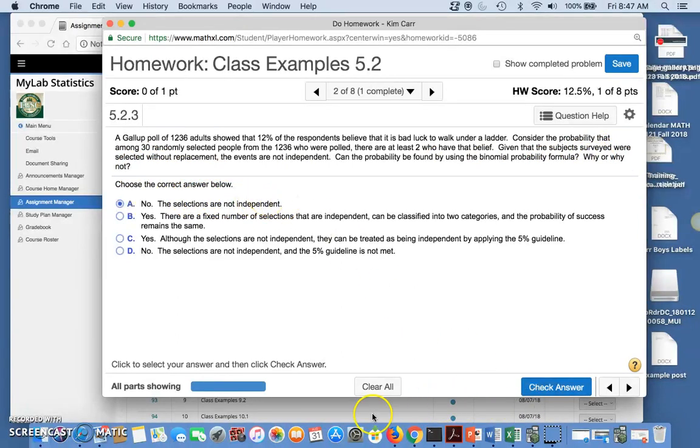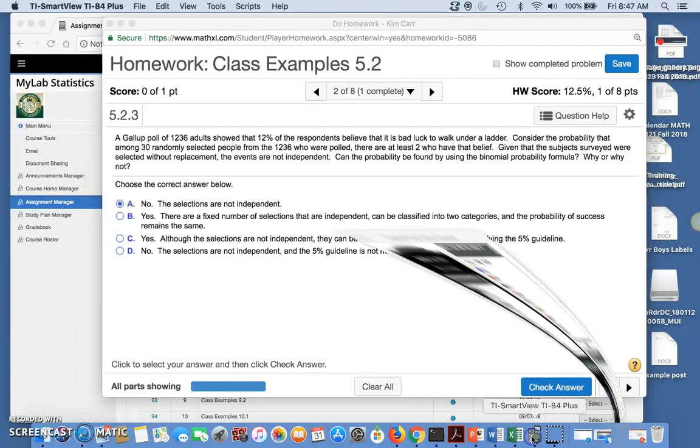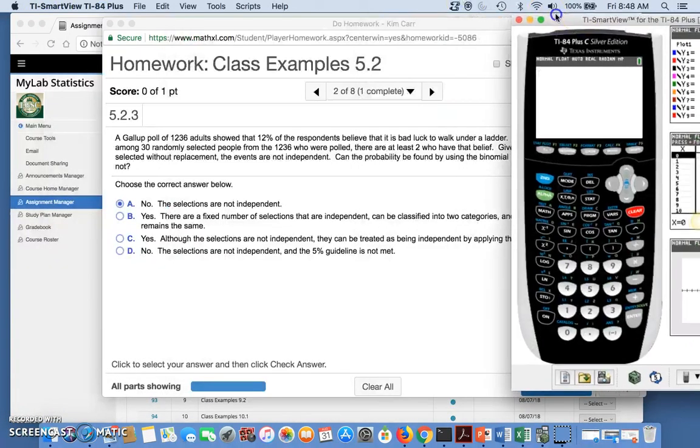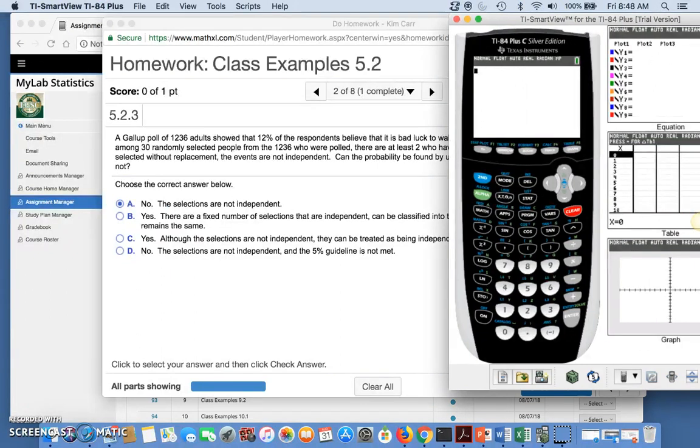So let's pull up our little calculator. We've got 30 divided by 1,236. Okay, that's 0.02 or 2.4%.